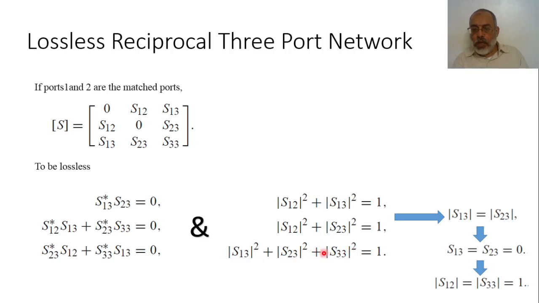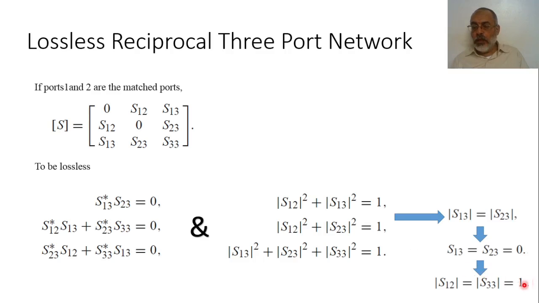All right. Now S13, S23 are 0, so S12 should equal 1, because S13 is 0. So from these conditions, we have obtained S13 equals S23 equals 0, and the magnitude of S12 equals the magnitude of S33 equals 1. So these are the conditions which are satisfying the conditions that would be lossless, reciprocal, and not matched network.